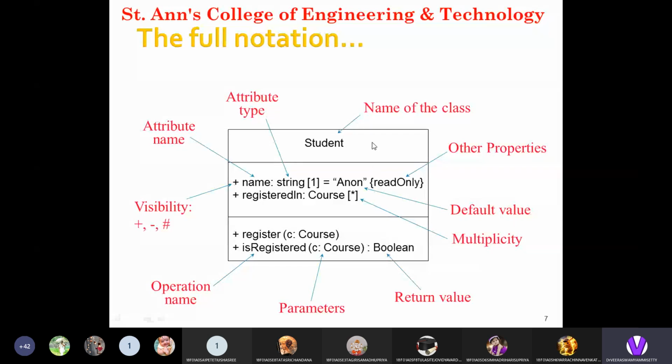The first one is the name of the class, then the attributes of the class, then the operations. An attribute consists of visibility, attribute name, attribute type, default value, and other properties. A class operation consists of visibility, operation name, parameters, and return value. These are the notations we need to follow whenever we use the class diagram.